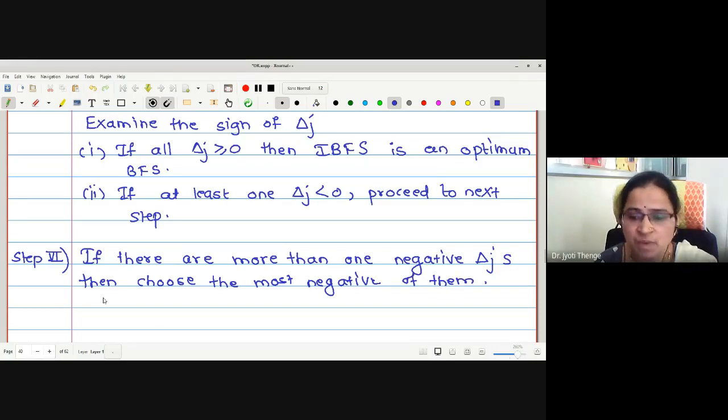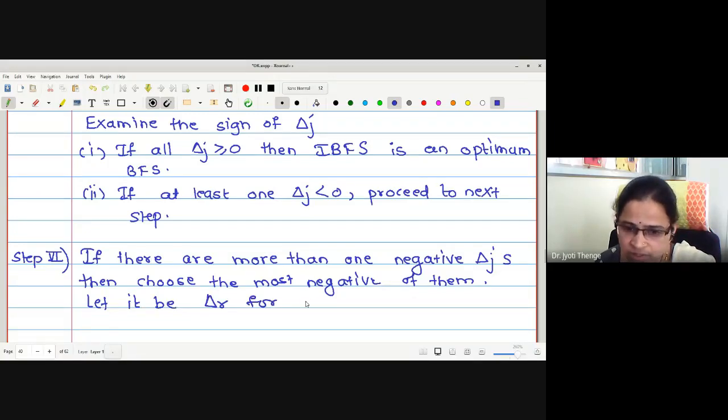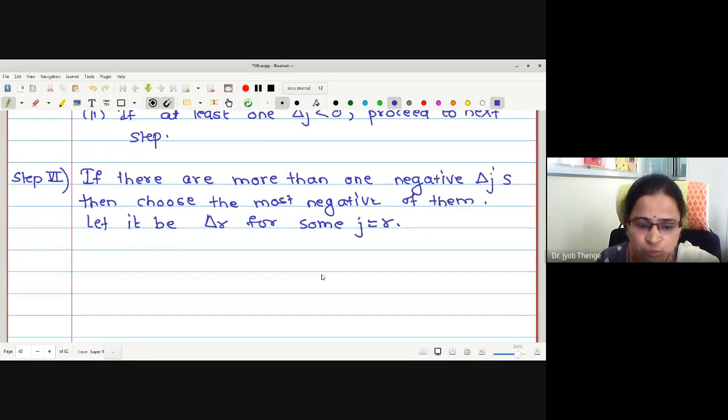Okay, and let some rth value be the most negative. Let it be delta R, for some J equals R. That is, some rth value is the most negative value.